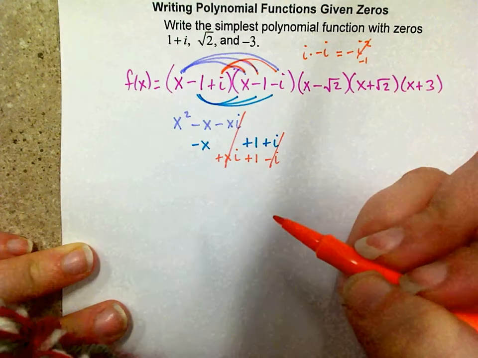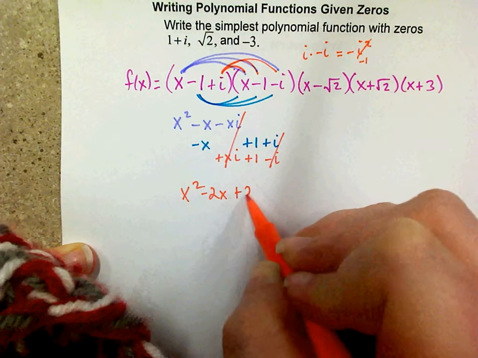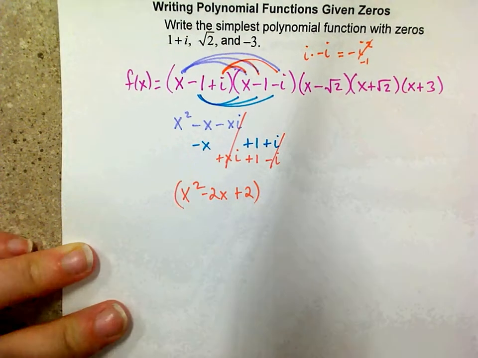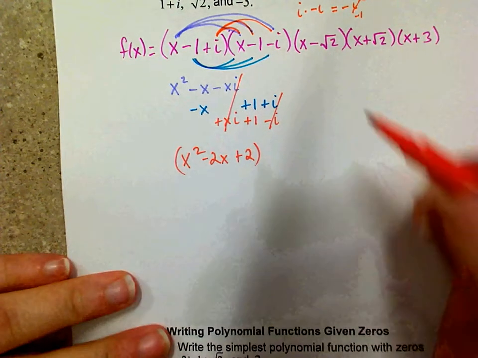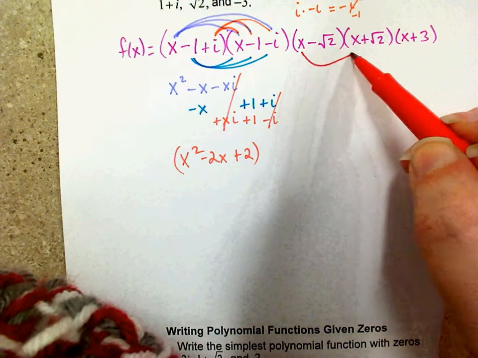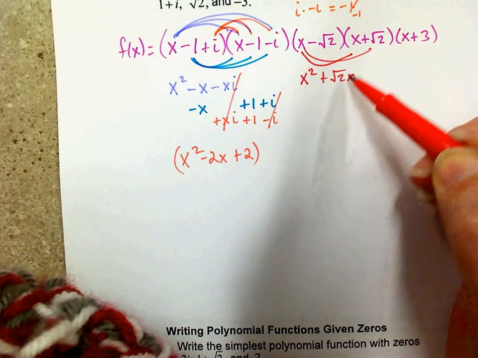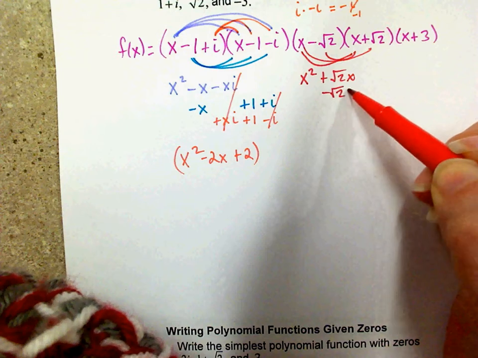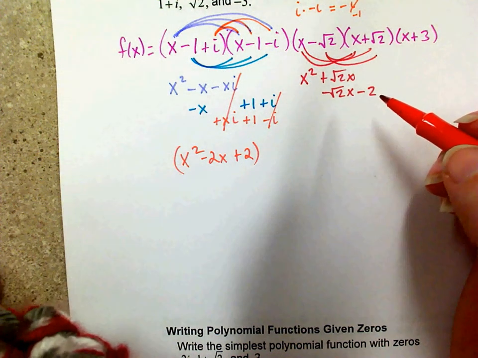So that is x squared minus 2x plus 2 times, well, if I multiply these two out, they're conjugate pairs, and when you multiply conjugate pairs, the middle terms will always cancel out. I've got x squared, plus the square root of 2 x, minus the square root of 2 x, and minus the square root of 2 times the square root of 2, which is the square root of 4, so it's a negative 2.